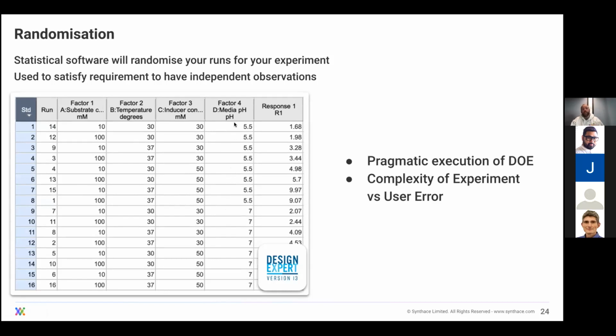So in the past, we have conducted DOE experiments in standard order, where you can load everything at pH 5.5 before running everything at pH 7. And this allowed us to speed up execution and ensure the robustness of our pipetting. Standardizing the run order isn't ideal, but if it allows you to physically execute the DOE, where the alternative is running OFAT experiments, then so be it.